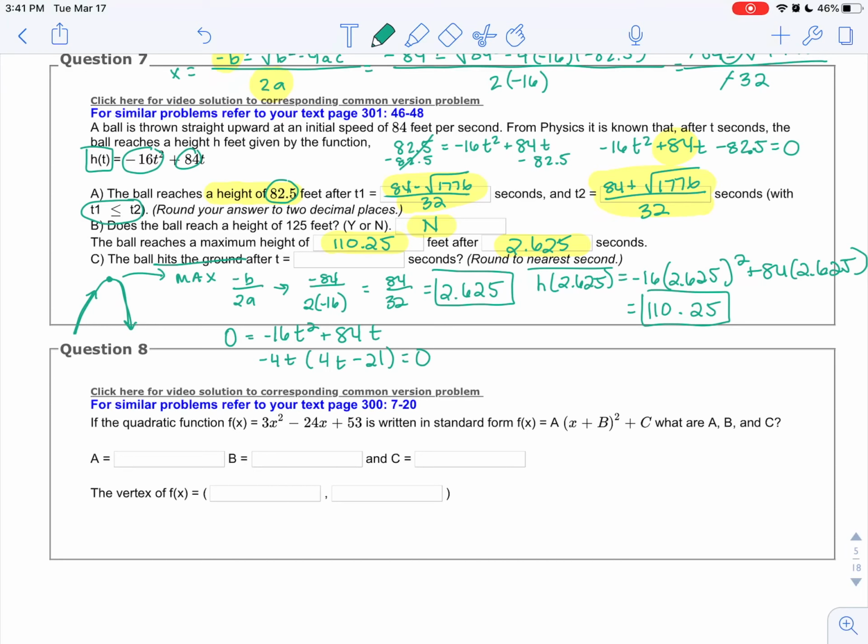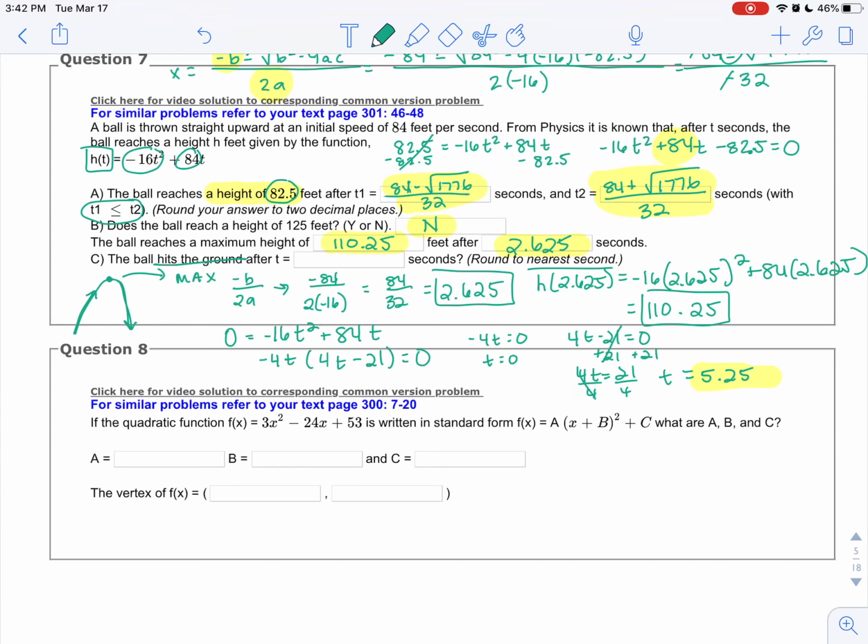And this is still set equal to 0, so then I can just set each of these factors equal to 0. Negative 4t equals 0 gives me t equals 0. And I have 4t minus 21 equals 0. Let's solve, and I get 5.25.